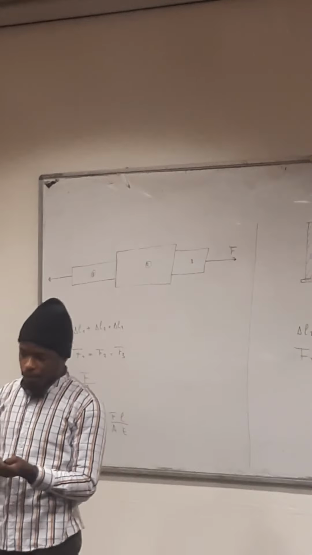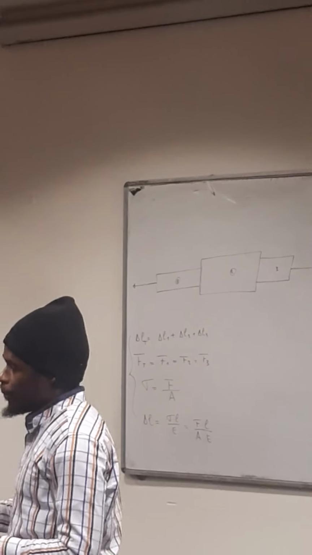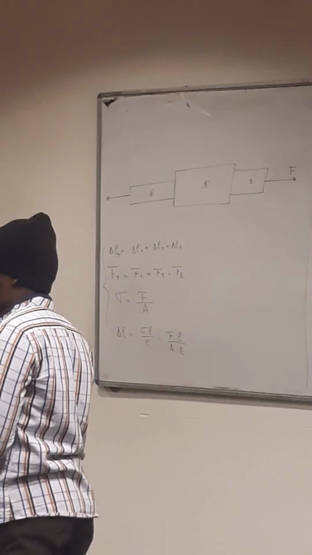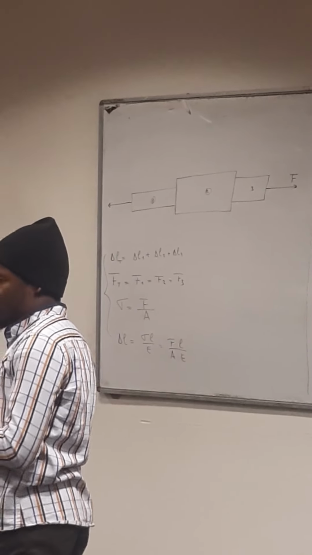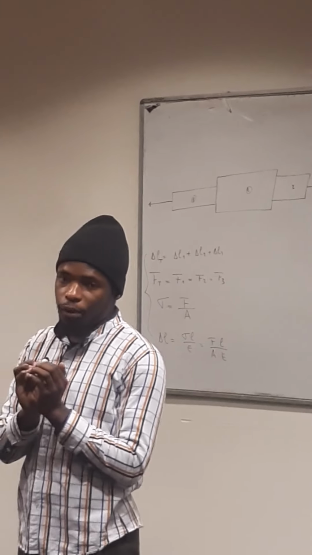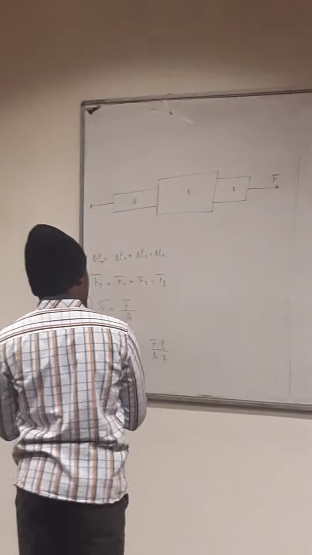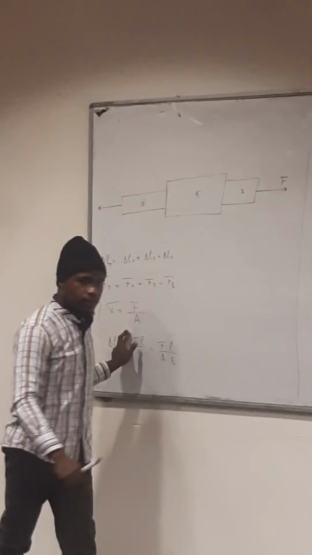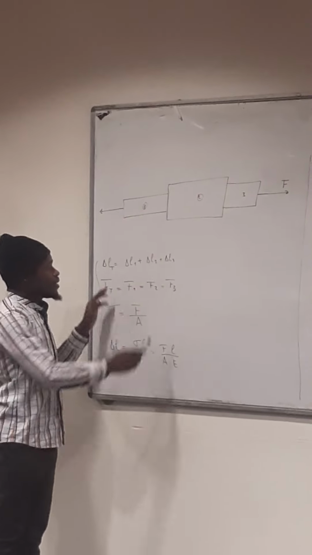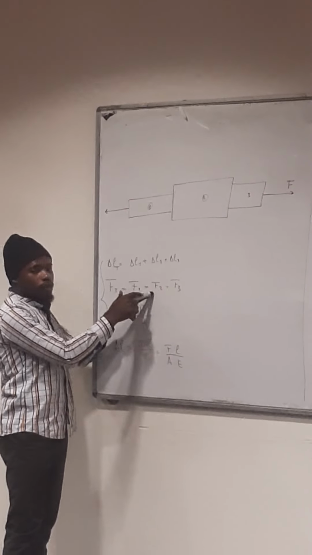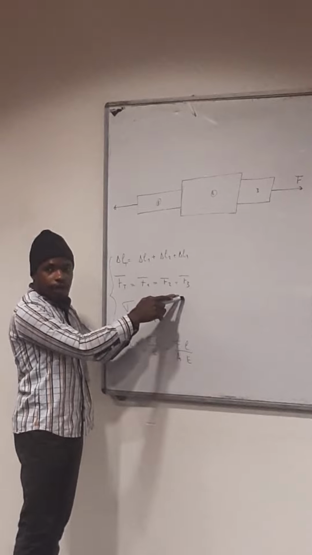Now, please let's take note that whenever you have any case, the portion which has change in length 1 equal to change in length 2 equal to change in length 3, that's what will give you the relation between the stresses. As in this case, we're dealing with the forces. They said force 1 equals force 2 equals force 3.